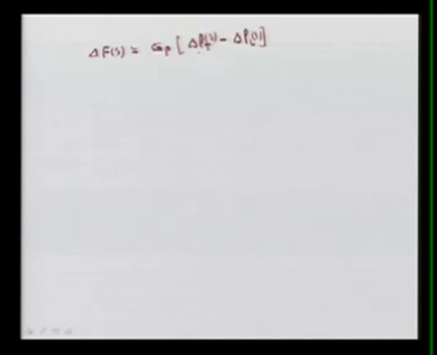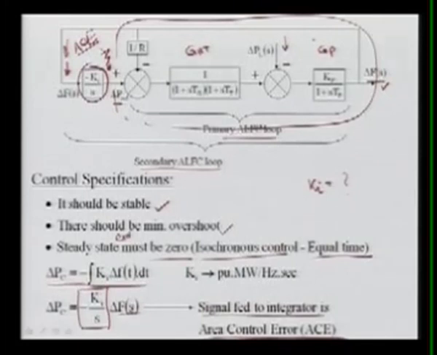Now the change in PT, you can see from here, is this signal, positive, and this signal, negative, multiplied by GT, and that equals your ΔPTs. So from here the change in F is multiplied, and then we are adding.